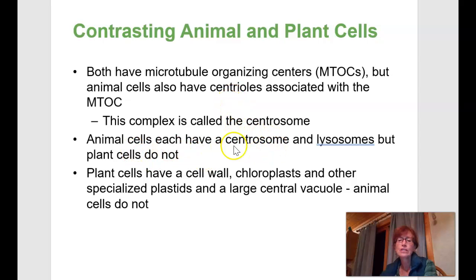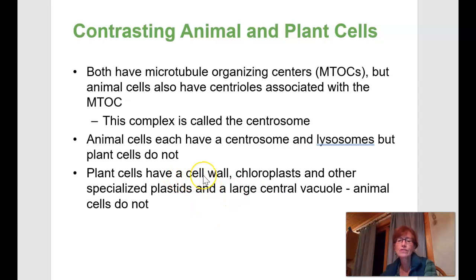Animal cells have the centrosome, and they have something called lysosomes. Think Lysol, something that breaks stuff. In this case, lysosomes will break open bacteria, so they are sort of the immune piece of animal cells. They help protect it. Plant cells don't have that, so plant cells are more vulnerable.